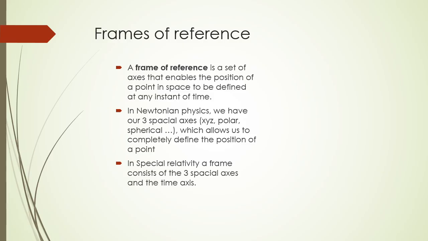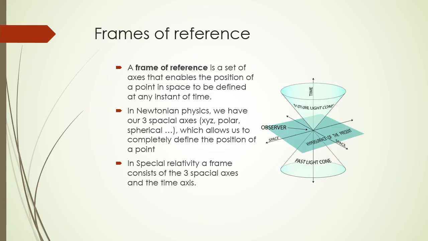And in special relativity, each frame consists of a three-dimensional spatial axis and a one-dimensional time axis. Right, and if you plot them out, basically you can plot all space axes as a flat two-dimensional space axis. We call that the hypersurface of the present. And if you plot out the past and present of time, what you can get is a three-axis where two of it represents space and one of it represents time.